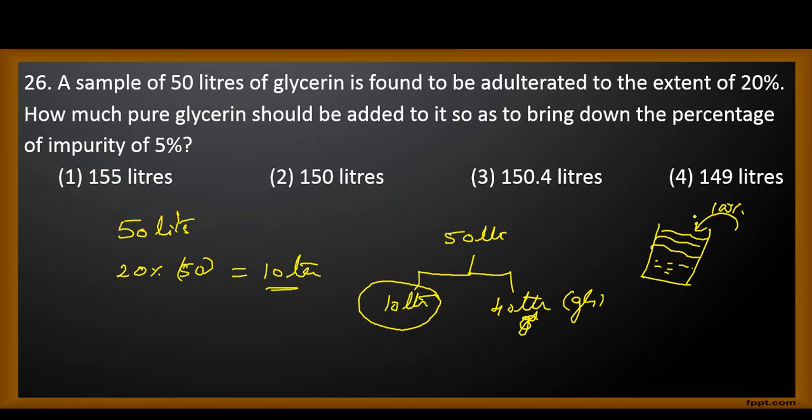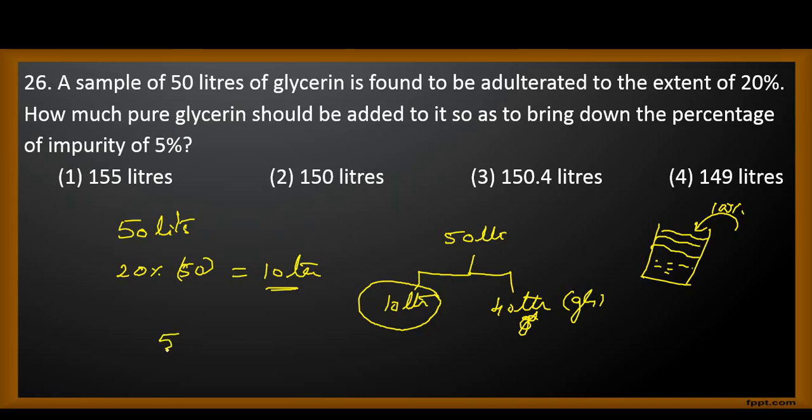The content of glycerin is increasing, so the ratio of impurity to glycerin will decrease. It means the proportion of impurity will decrease. We are adding only glycerin, not impurities, so the quantity of impurities remains the same.